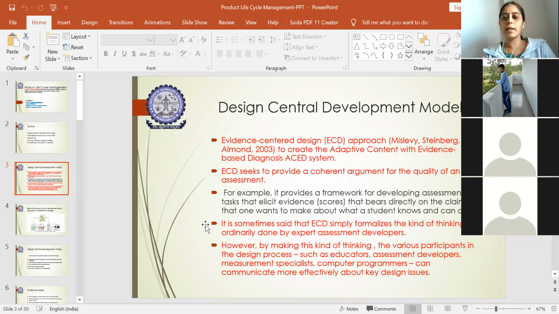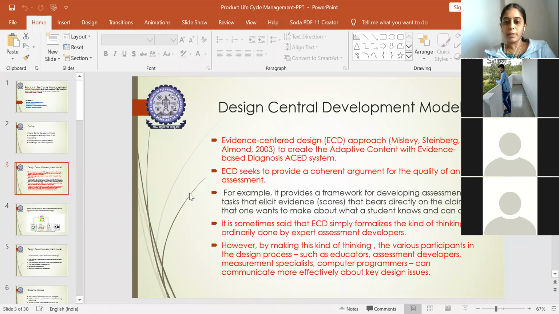So what do you understand by the words design central development model? It was a central design process approach which originated in 2003 at Millsway, in order to create an adaptive content with evidence-based diagnosis, which is shortly called the ACED system.